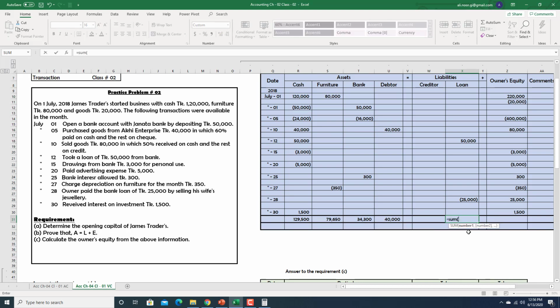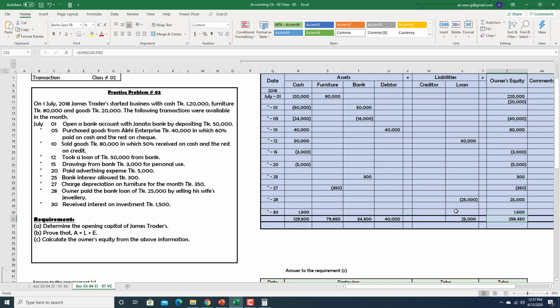The capital and loan amounts should be like this, and the capital account should be like this.